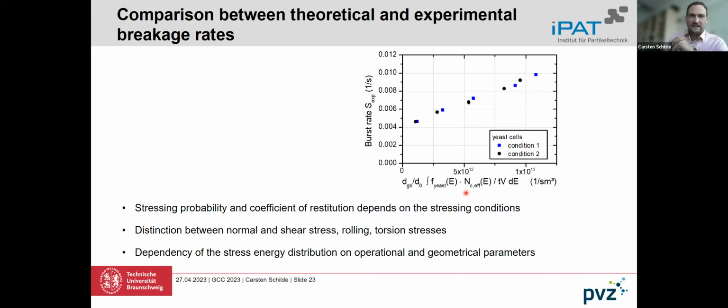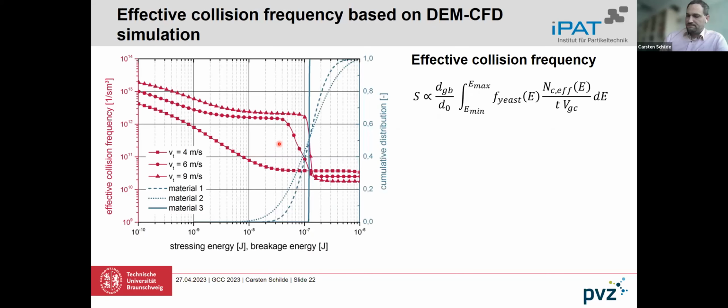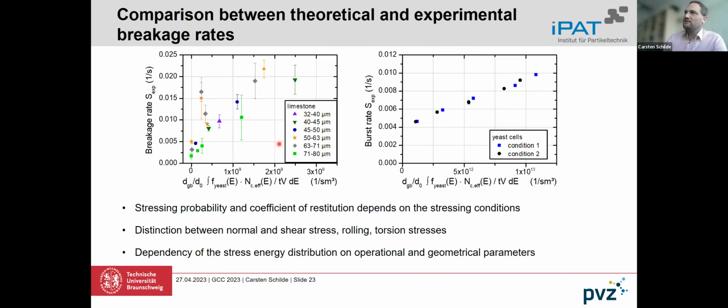For both cultivation conditions of these yeast cells and both strength or breakage energy distributions, we get a straight line. That means the results are in very good agreement, since there is of course an offset in between, but that was what we expected. If we go for limestone, we also have a certain linear dependency, but we have some outliers for different particle sizes. But in principle, it seems to work.